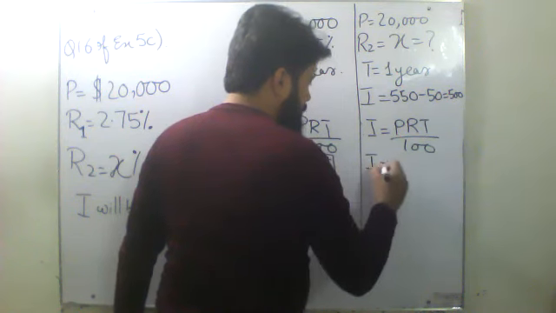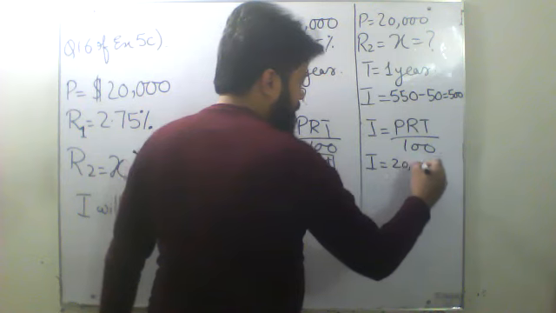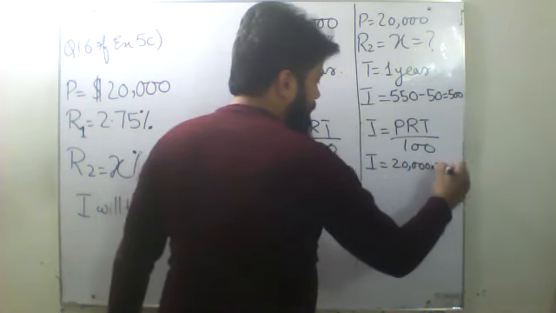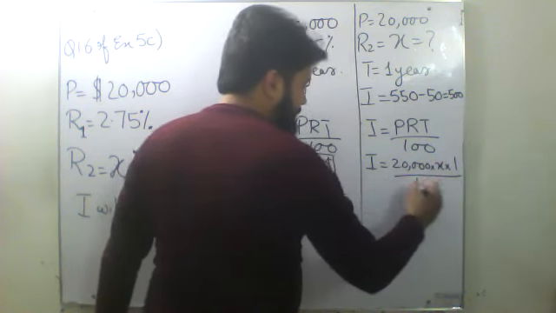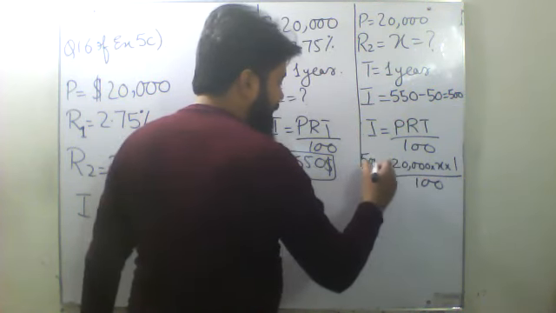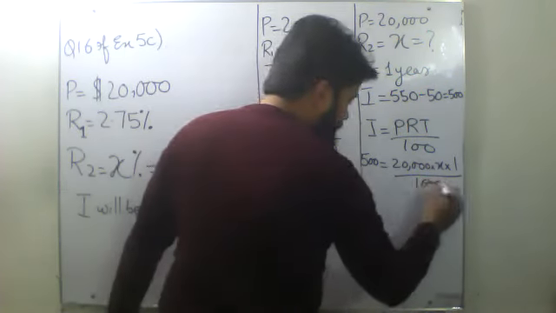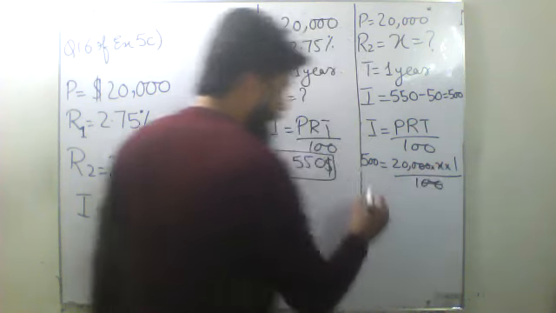P is 20,000, R is unknown, T is 1, this is 100, and I is 500. When I simplify, these two and these two will be cancelled.